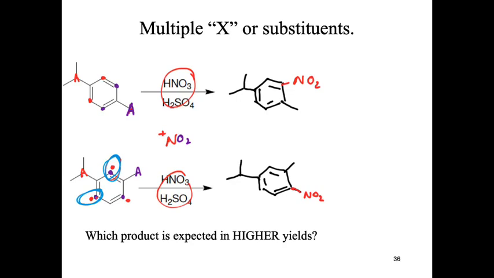In the bottom one, what are they doing? They're activating the exact same positions. I would argue the bottom one's going to get a higher yield because you're getting a stacking directing effect. Make sense? That's what I was trying to get at. Okay. I like it.